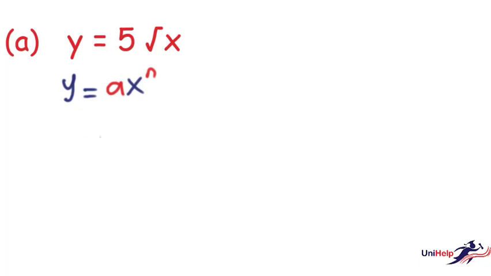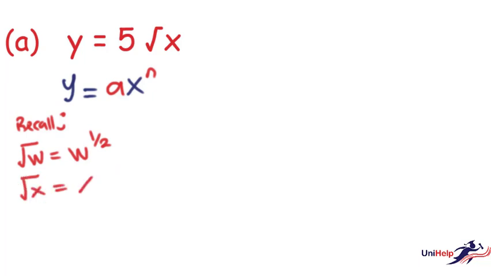Therefore, we need to apply the laws of indices to fix that problem. Recall that the square root of any value, from the laws of indices, is that value raised to the power 1 over 2. That is, the square root of x is also equal to x to the power 1 over 2.